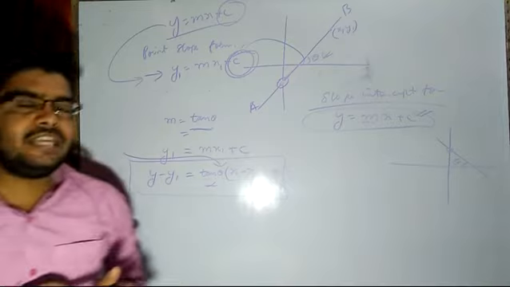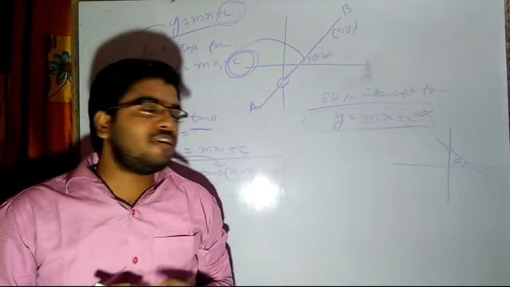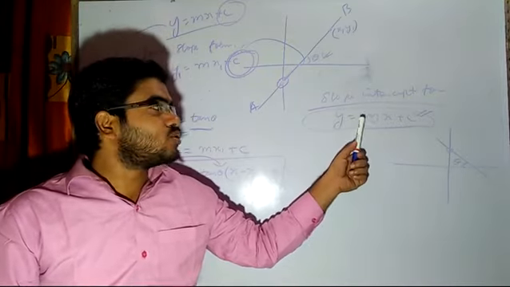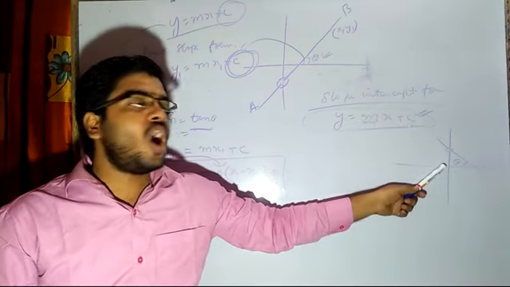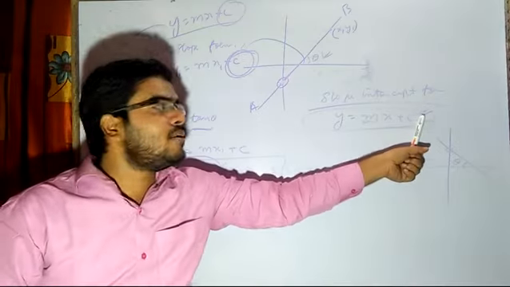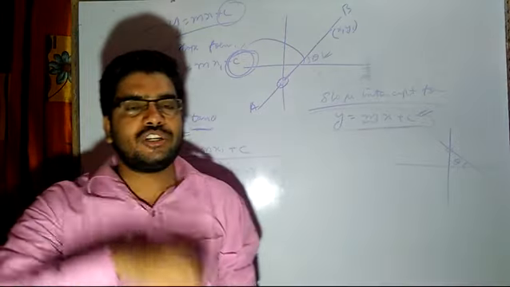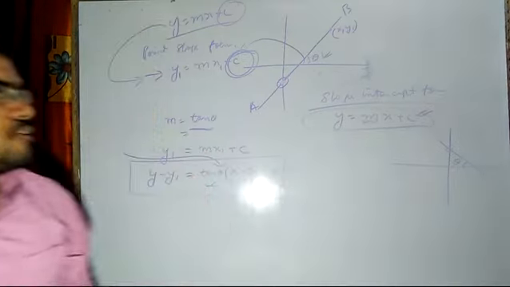If you have inclination, that is theta, you can very well find out the slope of the line. So if they provide you inclination and y-intercept, or they provide you slope and y-intercept, then you have to substitute the value and get the equation of line.